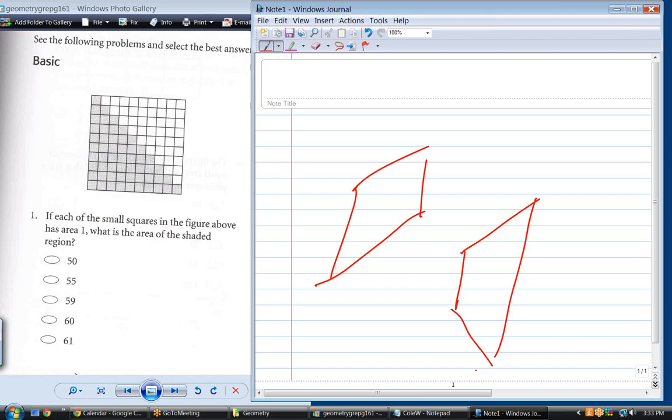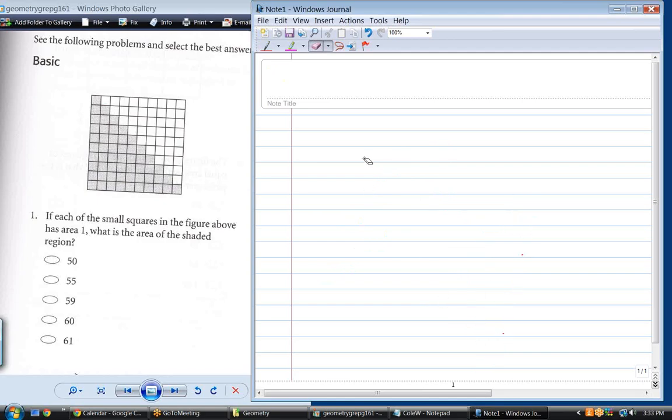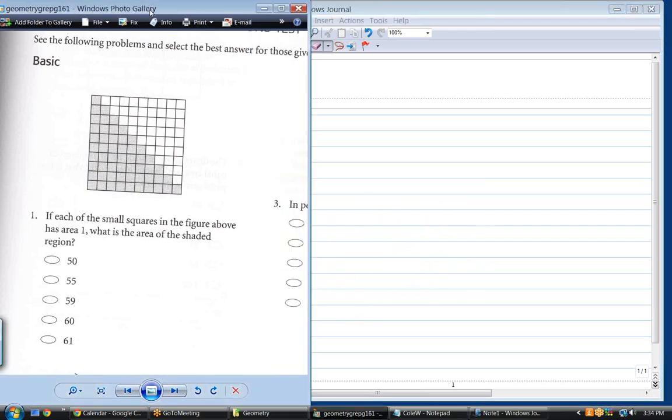Anything that has four sides is called a quadrilateral. A polygon is anything that has any number of sides. That's a polygon. So this one is quadrilaterals and polygons.